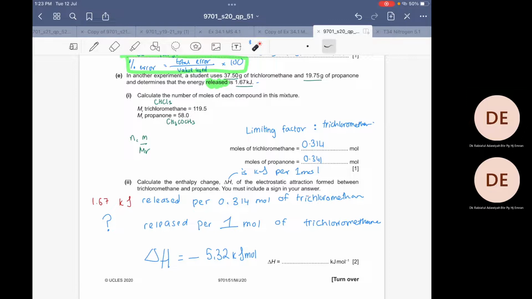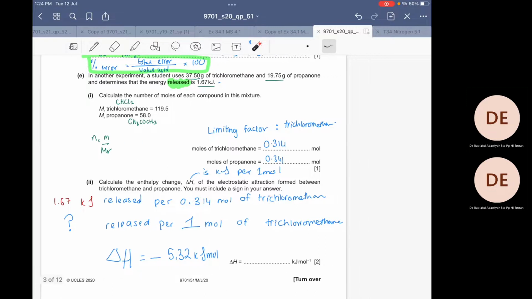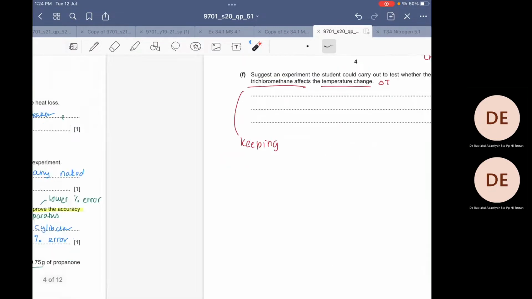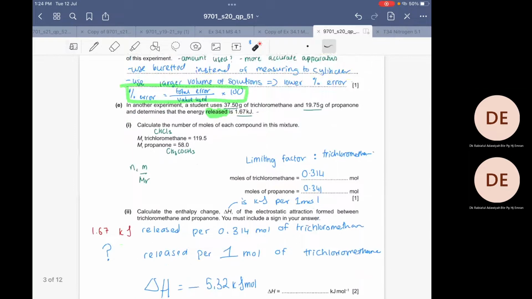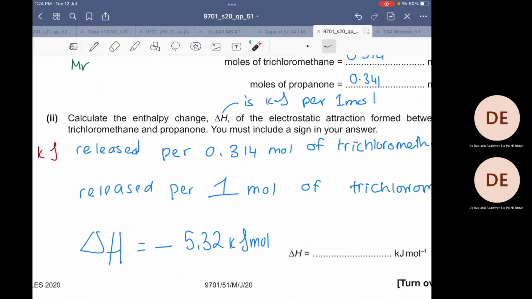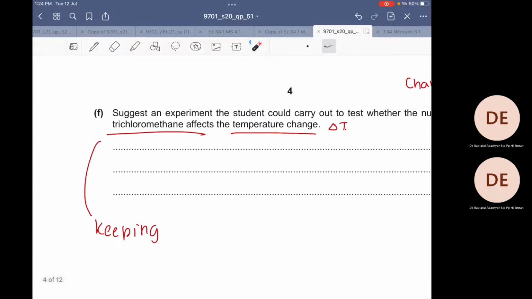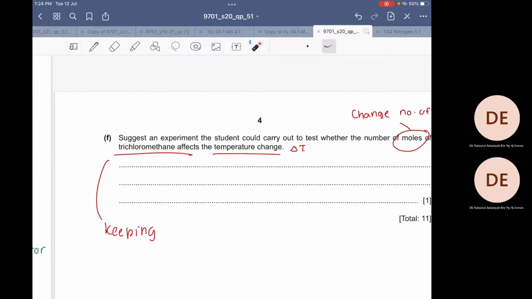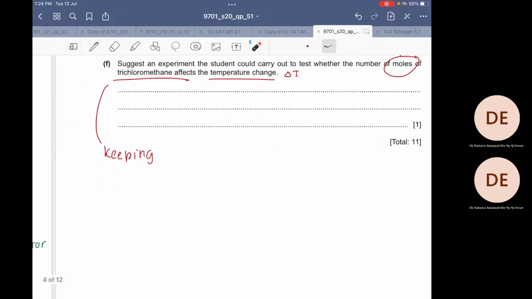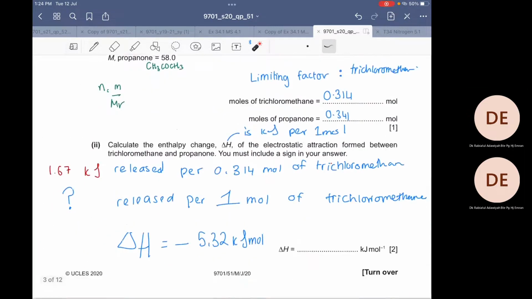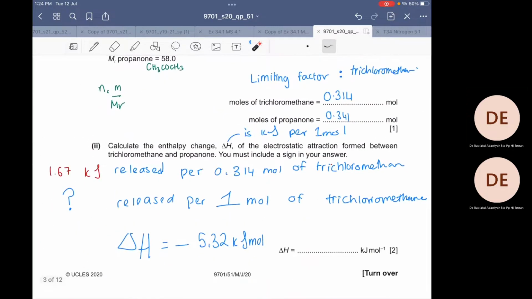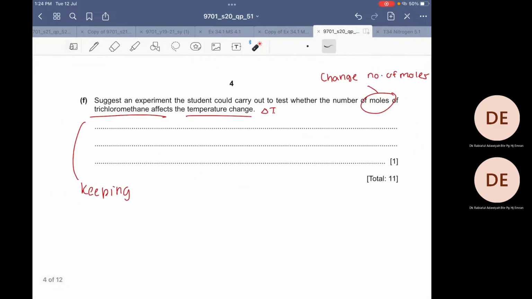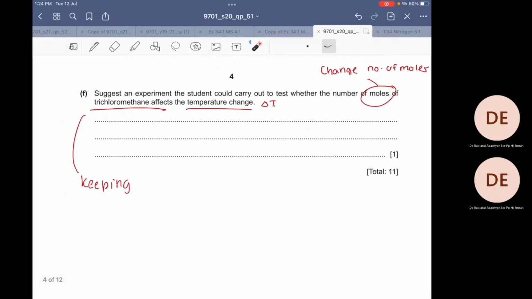Next, if you haven't finished doing that, just write down the numerical answer, negative 5.32 kilojoules per mole, and then you can continue to work it out later at home. It's negative 5.32 kilojoules per mole.